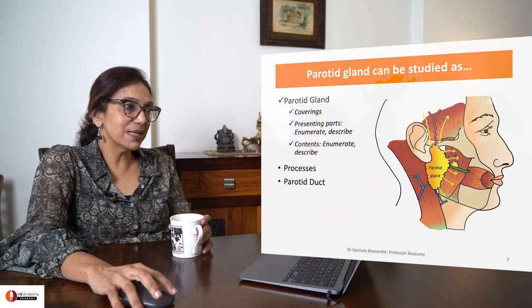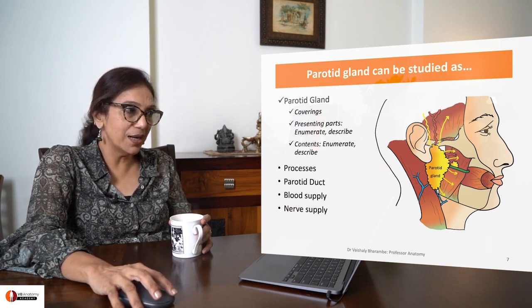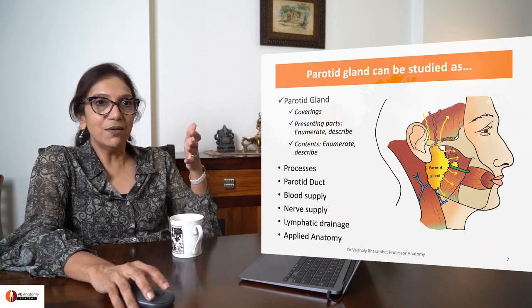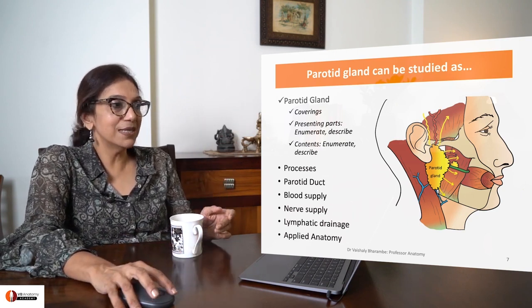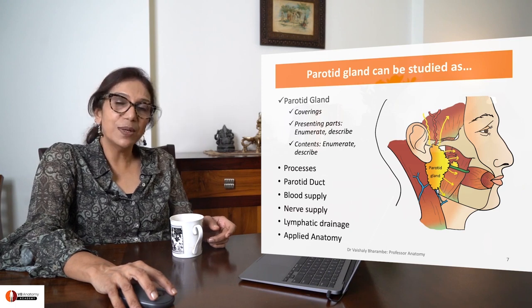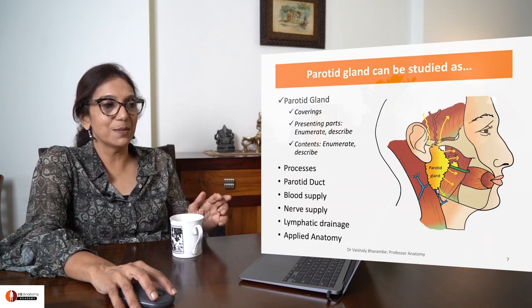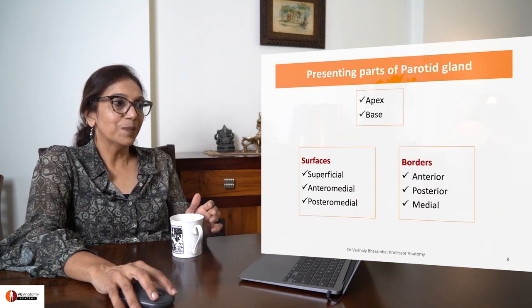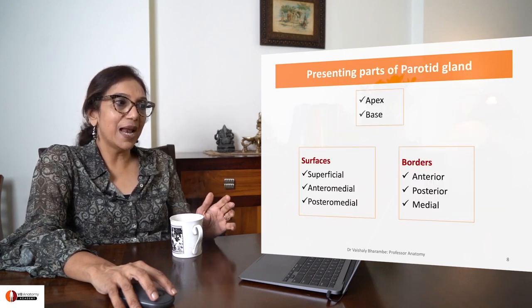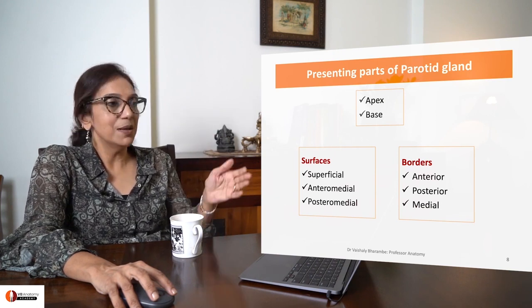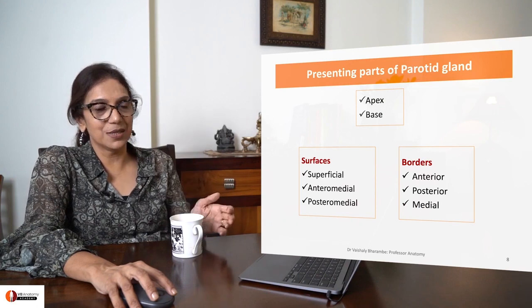And then we will be discussing processes, parotid duct, blood supply, nerve supply, etc. So I've already covered the first part of it, coverings, etc. But let's quickly revise these parts by doing a diagram. A pair of diagrams to be precise. So presenting parts of the gland are apex, base, 3 surfaces and 3 borders, best understood by the diagrams.